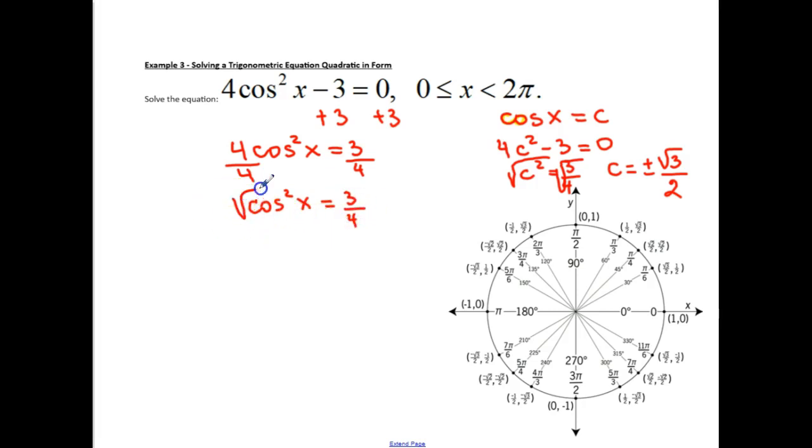At this point, we can take the square root of both sides, and we have that cosine of x is equal to plus or minus square root of 3 over 2. Good. Now to solve this basic trig equation, we're asking ourselves, what are the angles that have a cosine of positive square root of 3 over 2 or negative square root of 3 over 2?